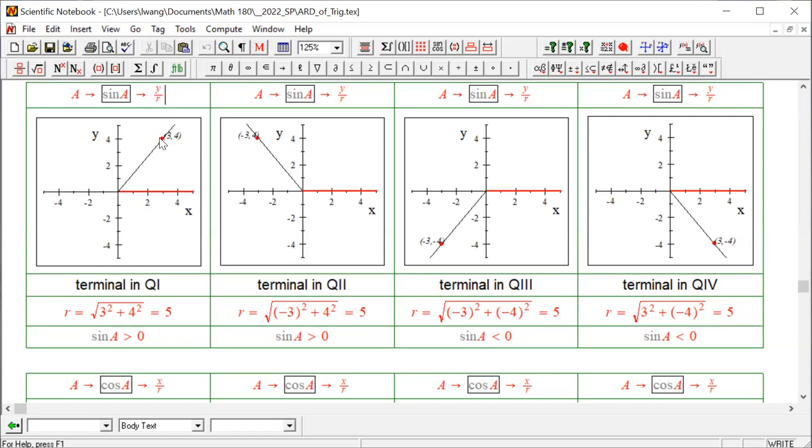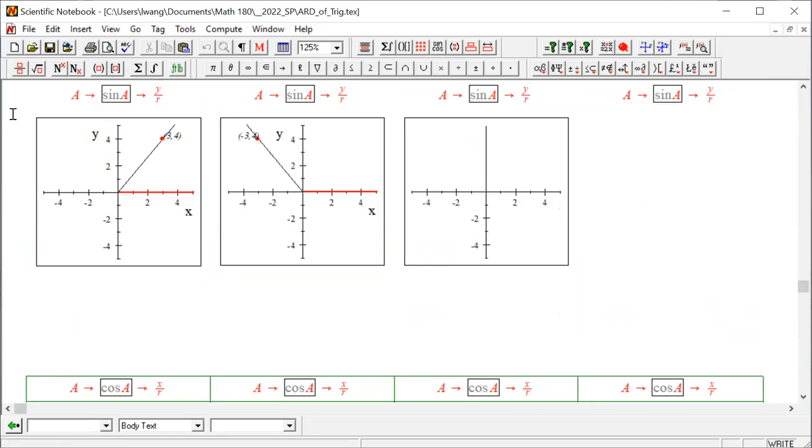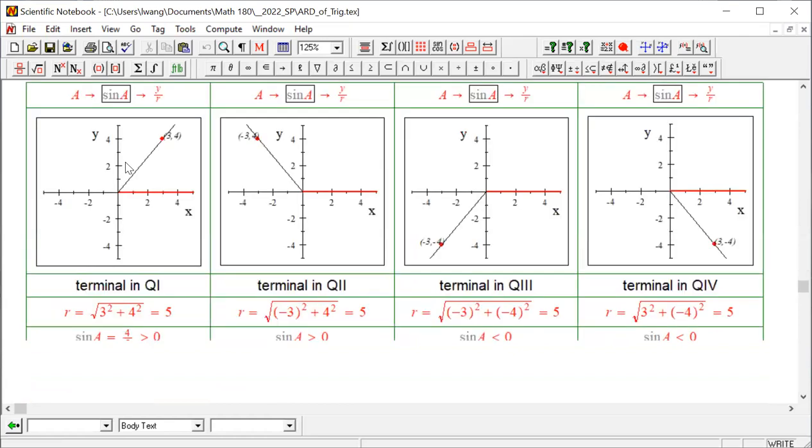The ratio is y over R, where y is the y-coordinate of the selected point on the terminal other than the origin. So 4 over R. In this case, we did it: 4 over 5.